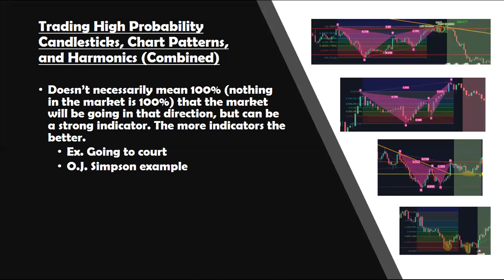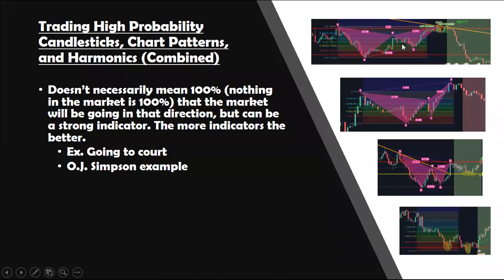But then again, think about the O.J. Simpson example, everything was going against him, right? The prosecutor had all the tools and all the evidence necessary to find him guilty, but he still was found innocent. So nothing's ever 100% in the market, but the more evidence you have, the better. And this is just the point I'm trying to get across.